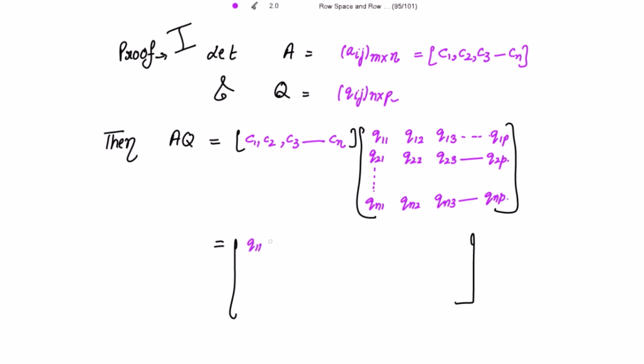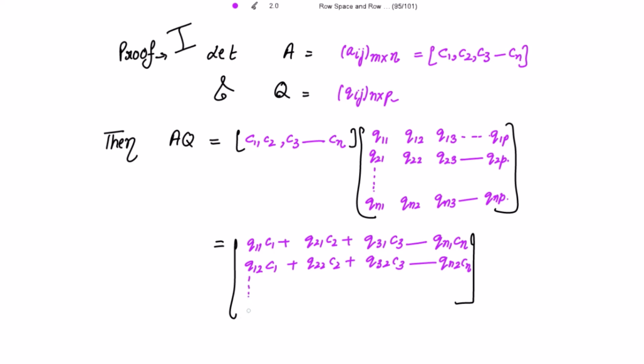We get Q11C1 plus Q21C2 plus Q31C3, and so on, Qn1Cn. Then Q12C1 plus Q22C2 plus Q32C3, and so on, Qn2Cn.